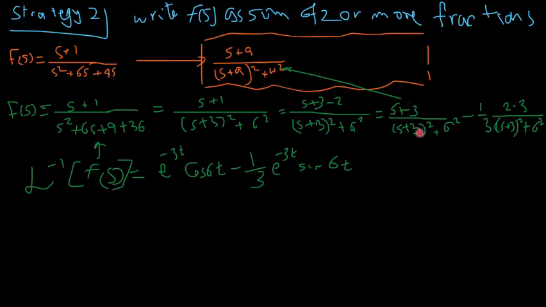But since there is a shift in the frequency domain, the shift in the frequency domain would be converted into exponential function in the time domain. The same applies here. So these two terms would be from the table defined as these two terms in the time domain, and this would be the inverse Laplace transform for this function.